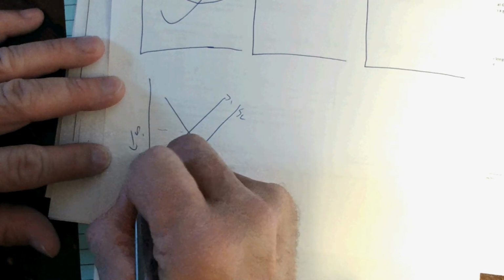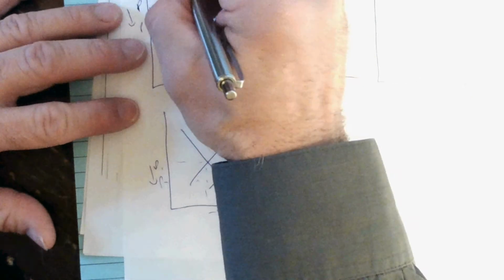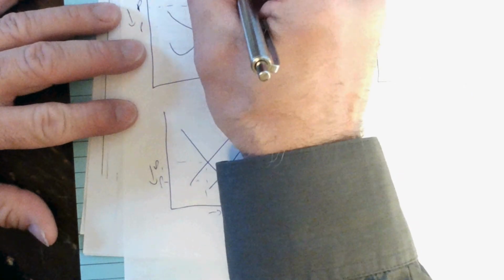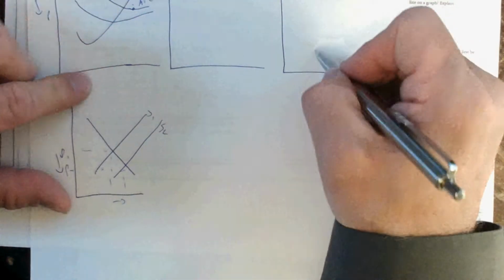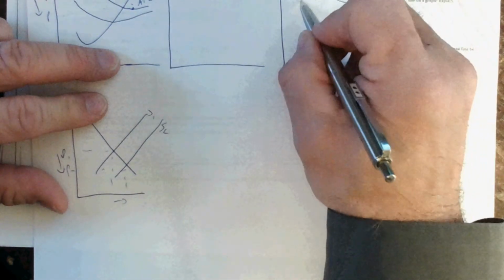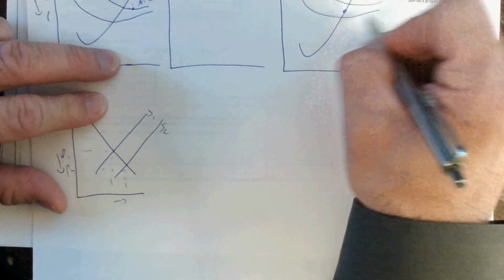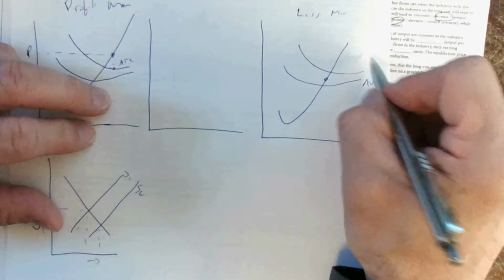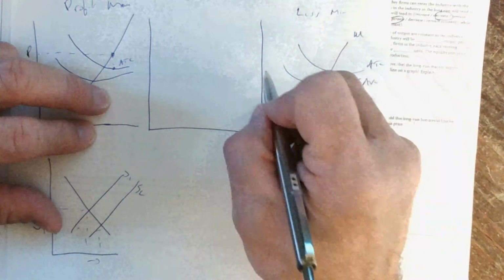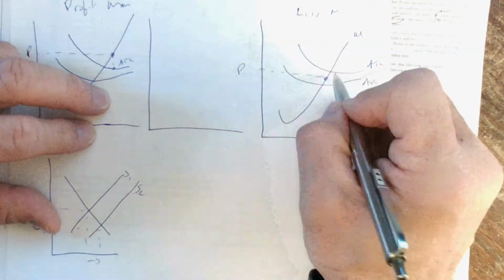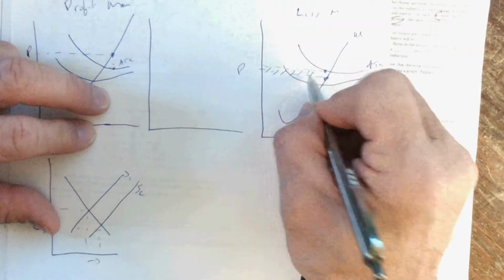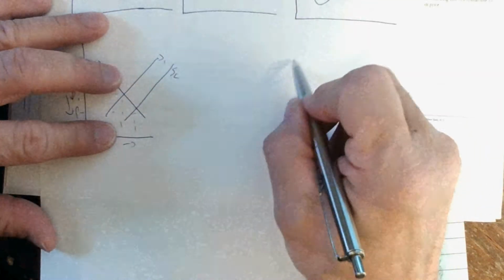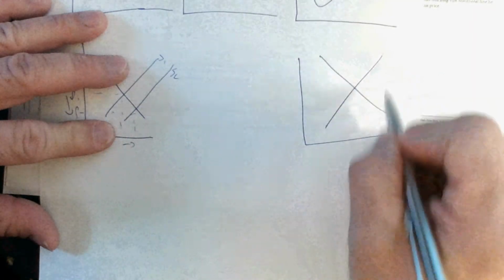Supply will increase as the number of firms increases, and price will fall. This is profit max. Loss min. Our price is between average variable cost and average total cost. Price equals marginal cost. Go up to average total cost. This is our economic loss.